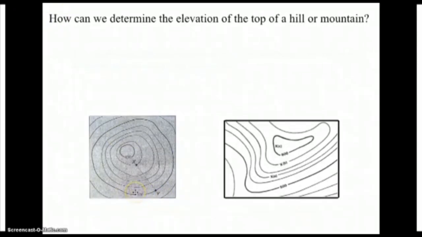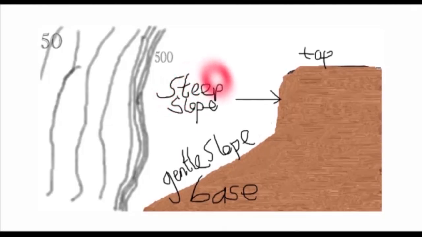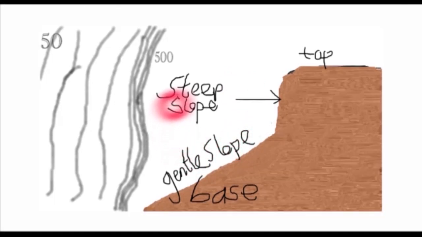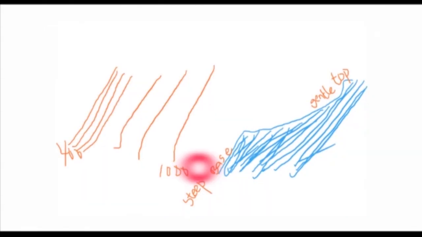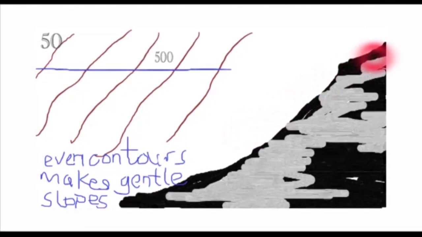Then you also have to note some slopes by heart. A concave slope is a slope that starts gently at the base and becomes very steep going to the top, while a convex slope is a slope that starts out very steep at the base but gentle at the top. A gentle slope is a slope that is even at all its points from the base to the top.